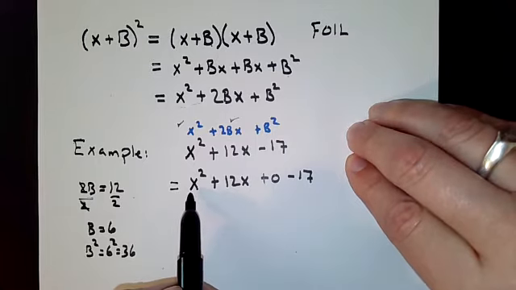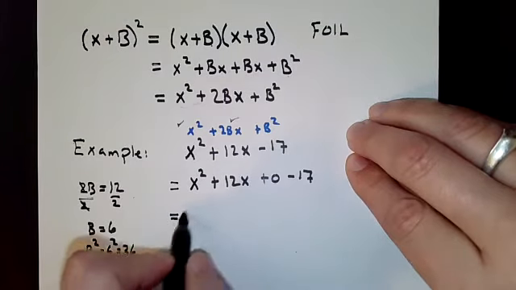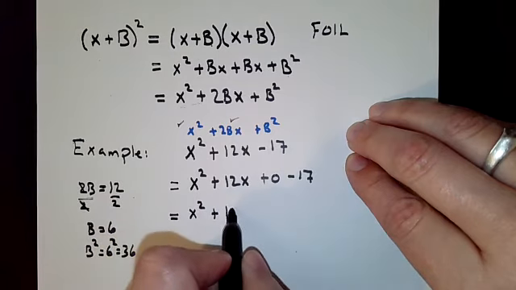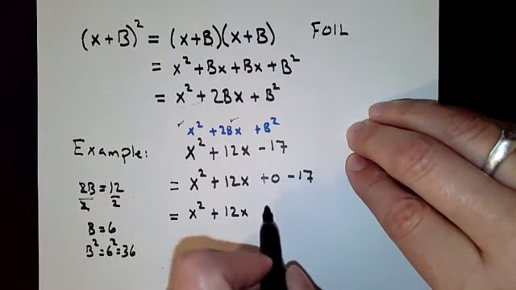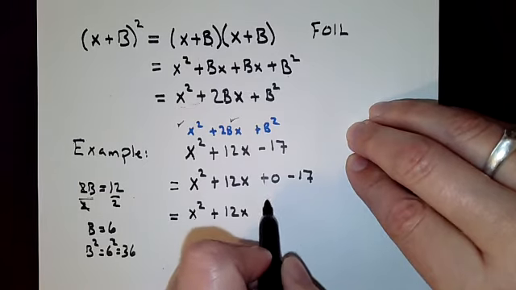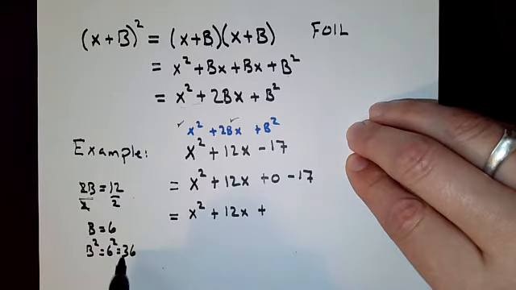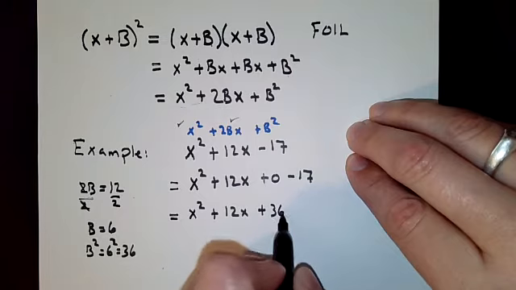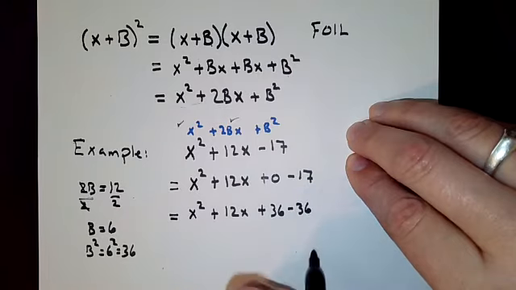Adding 0 doesn't change anything. But we are clever. We know that there are lots of different ways to write a 0. And we're going to write the 0 as plus the number we want. And the number we wanted was 36. And minus 36.